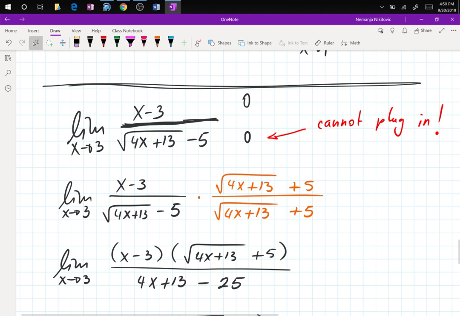Let's try graphing this problem and see how far that gets us. So we have x minus 3 divided by, now this is going to be a square root of 4x plus 13, and then escape the square root minus 5.